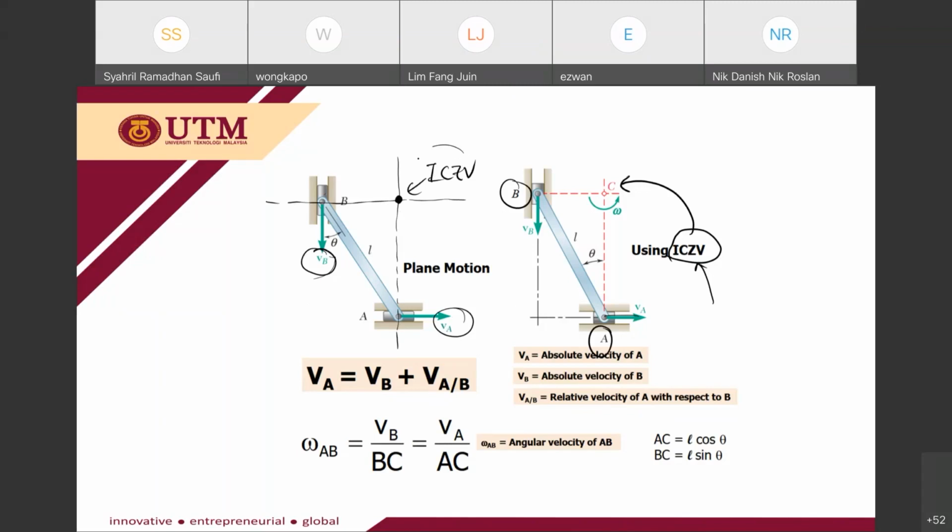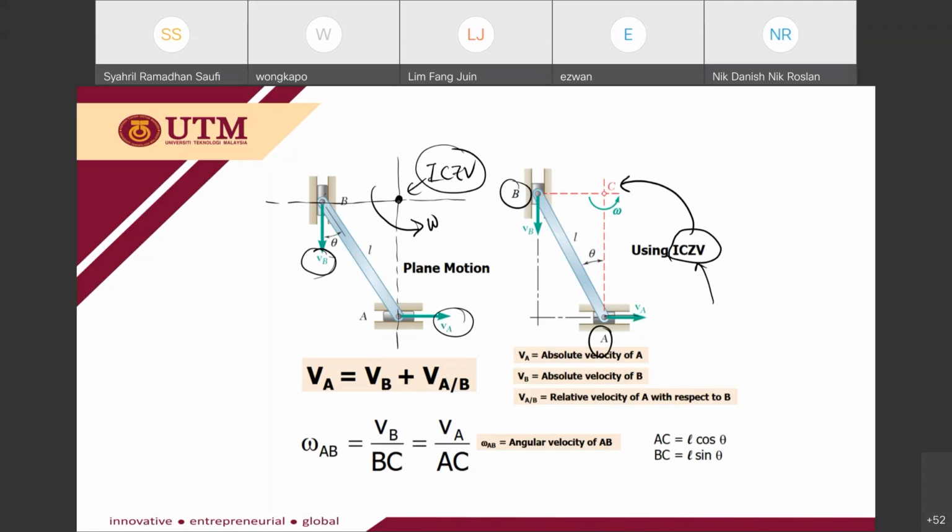At this center, then you will have the omega, at this point where the plane is rotating. The center of rotation will have a zero linear velocity. That's why we call it the instantaneous center of zero velocity, because this is the center, but you have the omega.